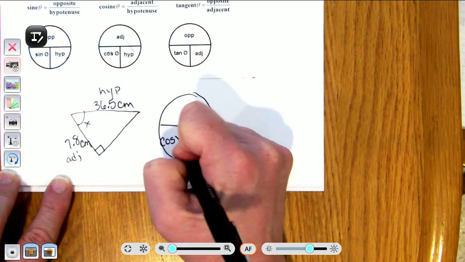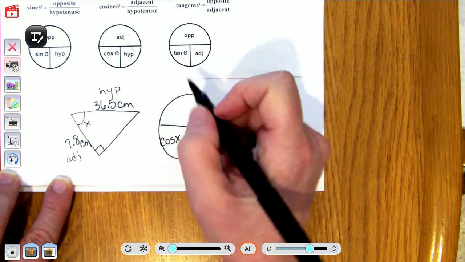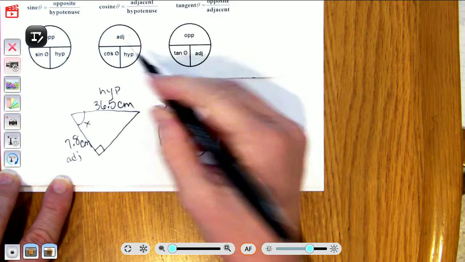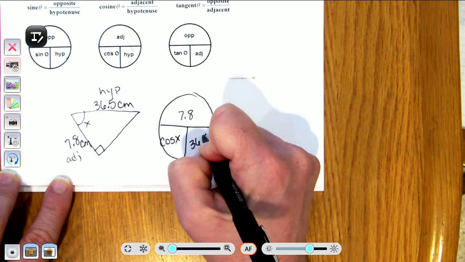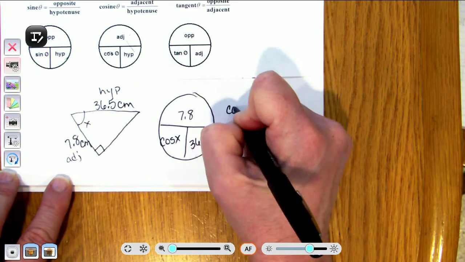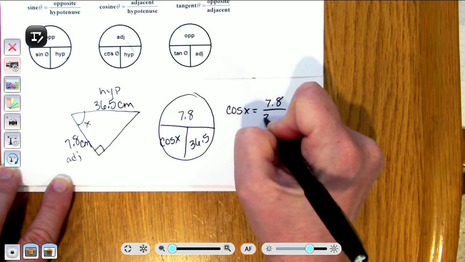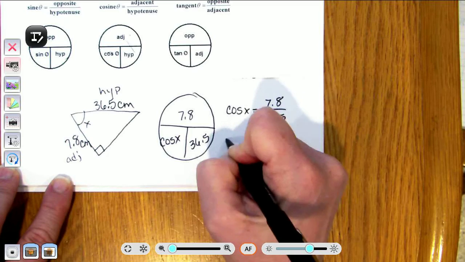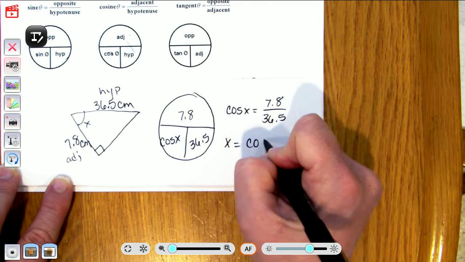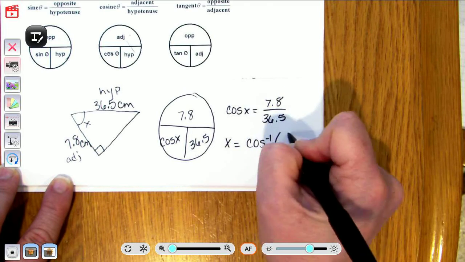So my cosine of x is my adjacent. There's my 7.8, hypotenuse 36.5. So cosine of x is 7.8 over 36.5. X will be that inverse cosine or that undo cosine.